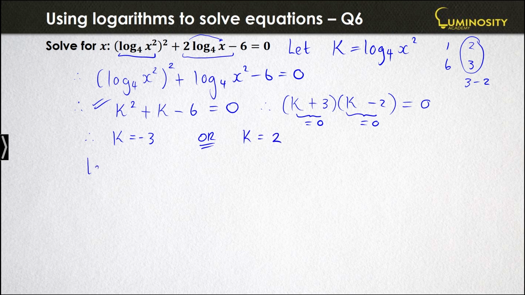But what was k? It was log base 4 of x squared equals negative 3, or log base 4 of x squared equals 2. Now, don't be alarmed here that we have a negative answer on the right-hand side of the log. The important thing to remember is that the log of an input, this number here, cannot be negative.